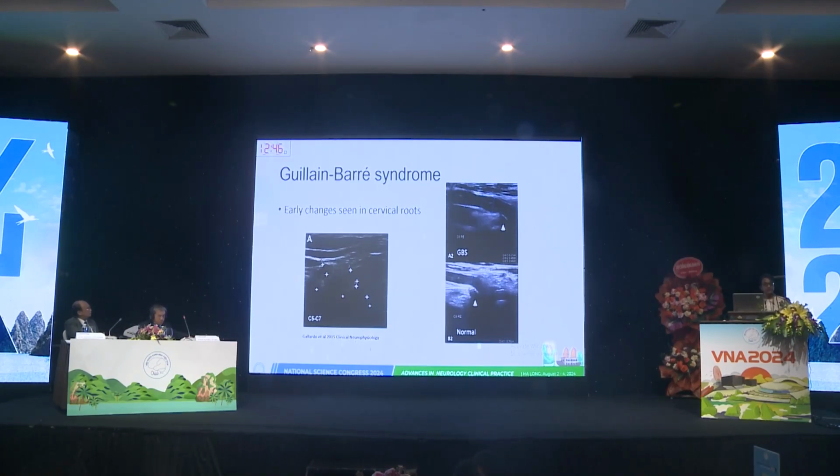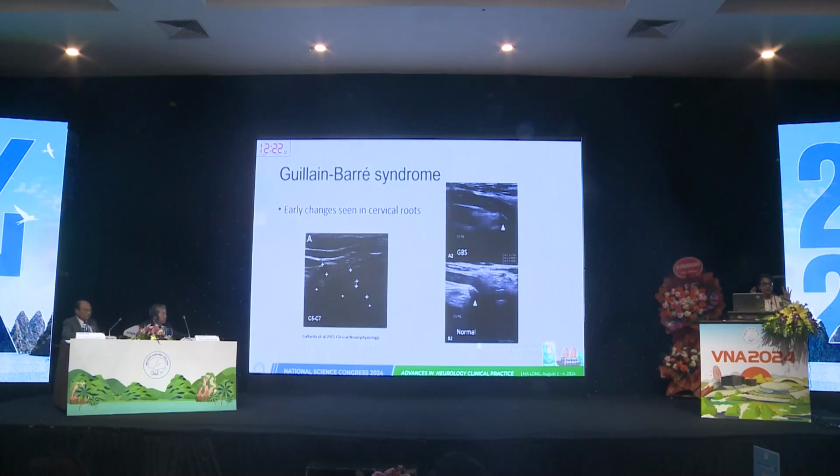One of the early changes that we see is if you were to do an ultrasound of the cervical roots. If you think about Guillain-Barré syndrome, it's a polyneuropathy, the nerve, but also the nerve as it comes out from the spinal cord, the part that we call the radicals. Those areas are very susceptible.